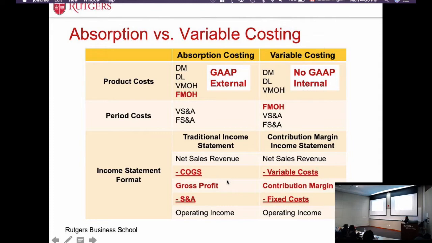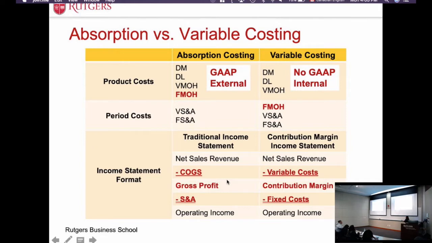For example, the direct material: you can change the direct material cost by purchasing more expensive materials or purchasing less direct material. So those costs can be controlled in the short term.